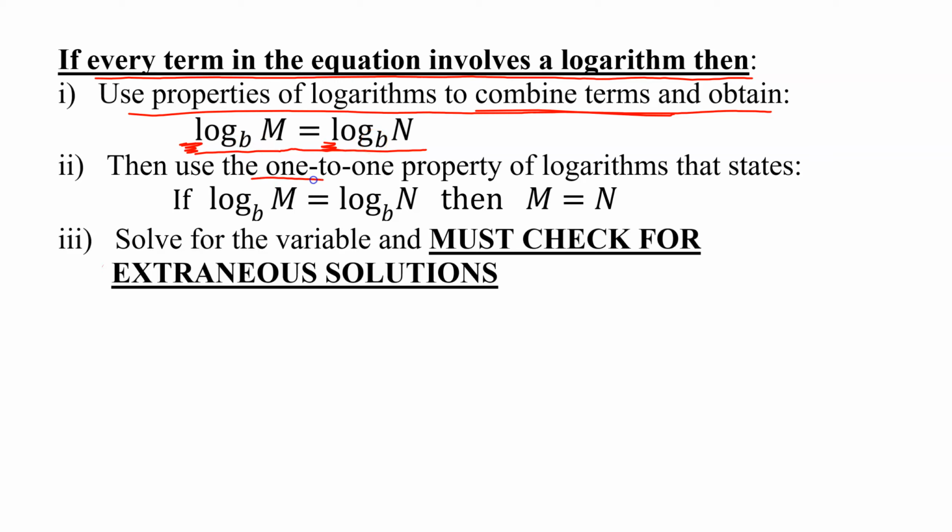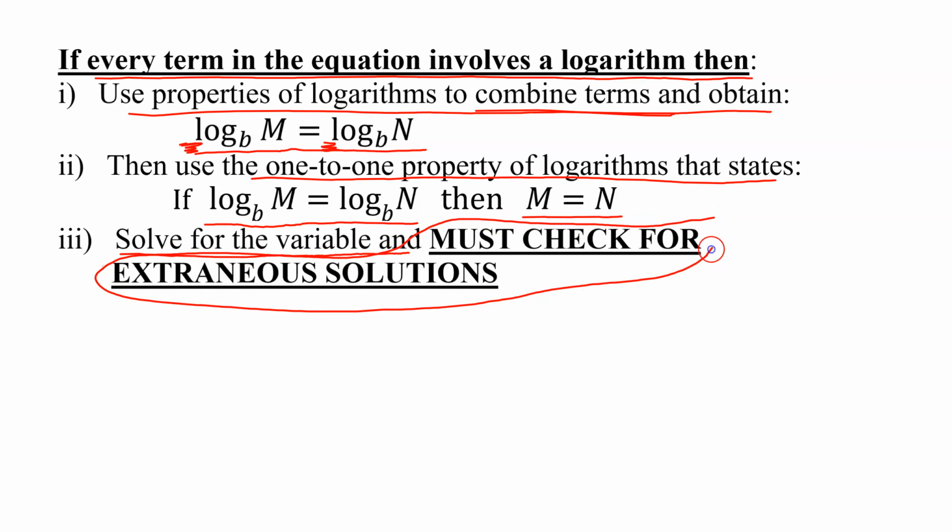Then we can use the one-to-one property of logarithms that says if log to the base b of m equals log to the base b of n, then m has to equal n. Finally, after step 2, we solve the resulting equation for the variable, and don't forget, you must check your answer for extraneous solutions. So step 1 is we need to get our equation to look like this.